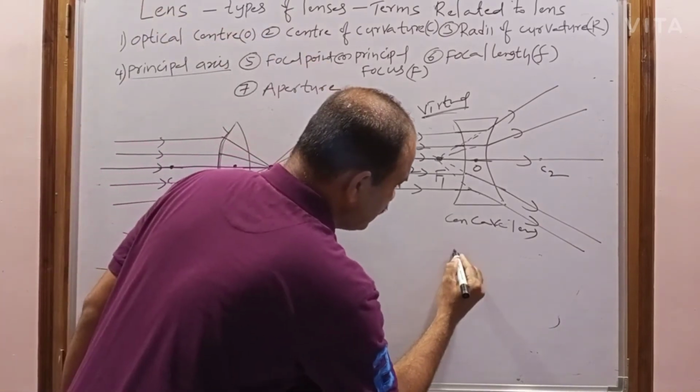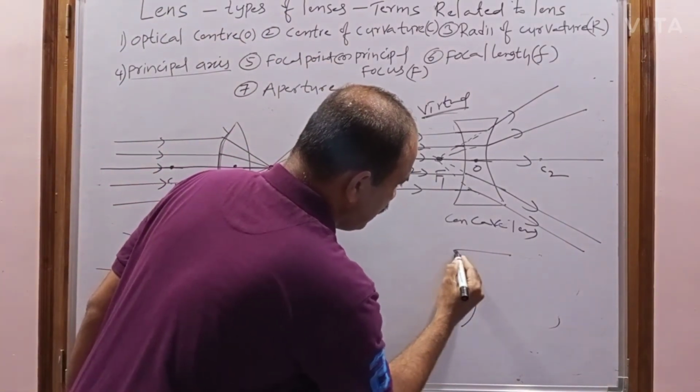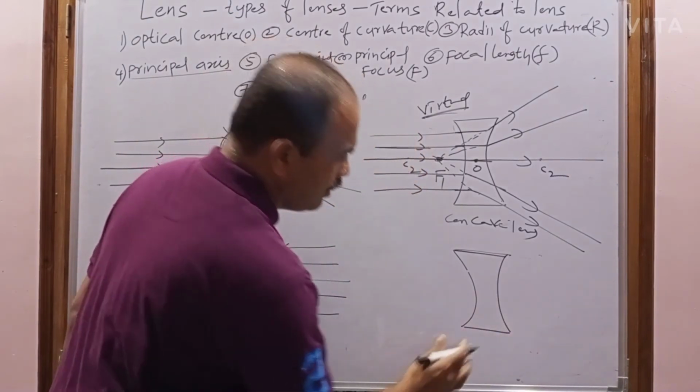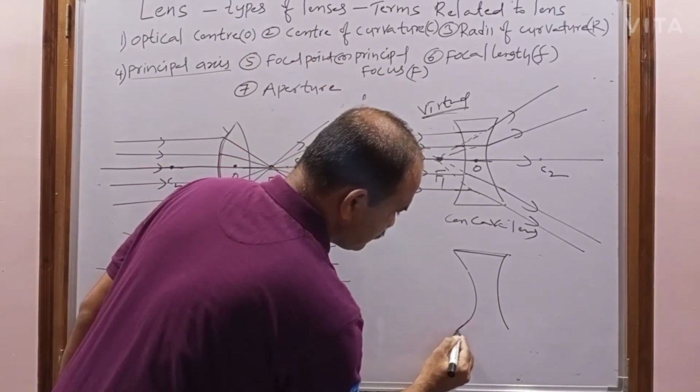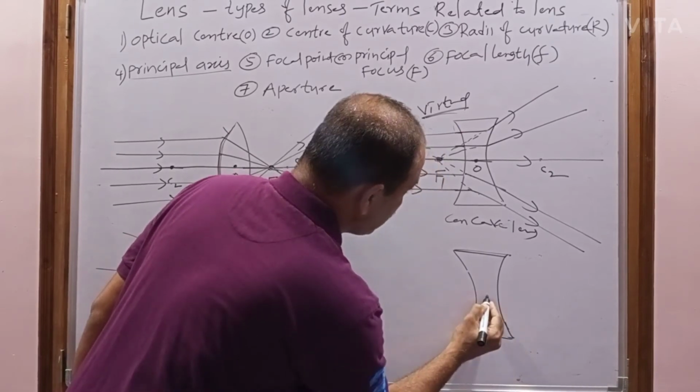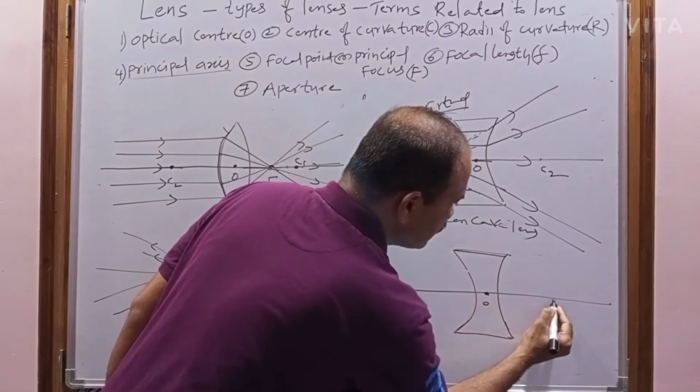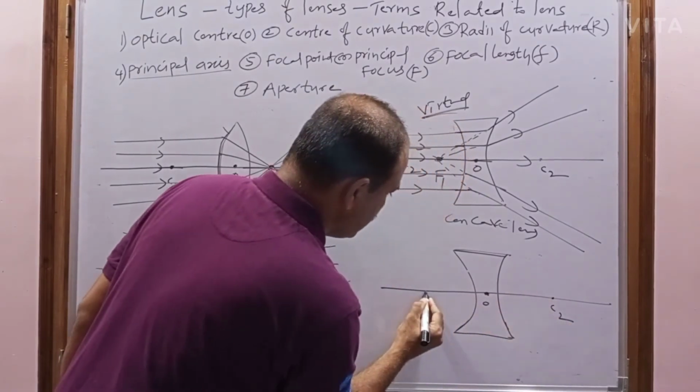Now coming to the second principal focus. Now let us imagine this is the concave lens. This is the optic center. Now let us imagine this is the principal axis. So this is C2 and this is C1.